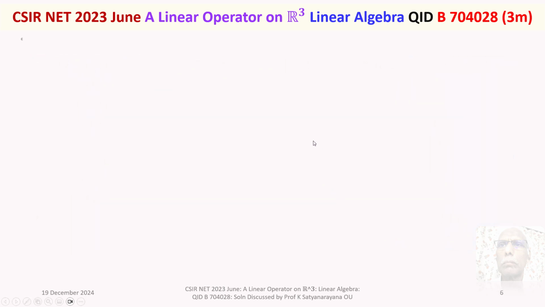Let us now discuss the solution of the problem in detail. We have a linear operator T on R cube, that means T is a linear transformation from R cube to itself.